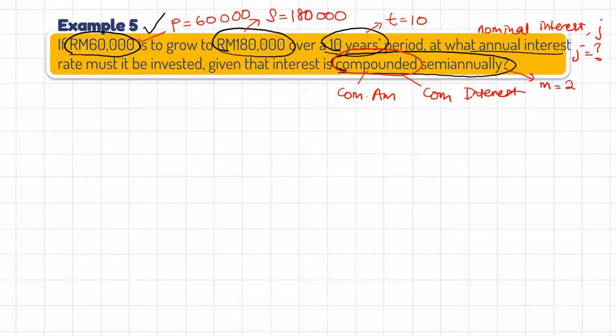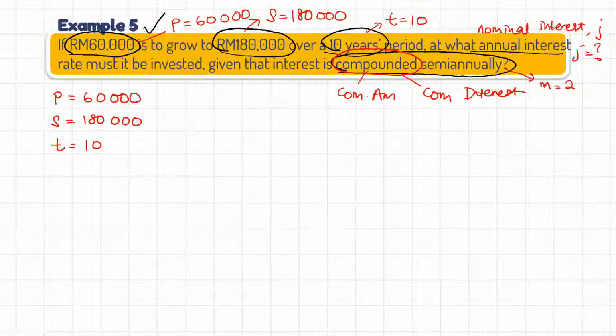So now let's rewrite the information that we have. Firstly, we have the value of P, which is 60,000. And then the value of S is 180,000. The value of T is 10. So J is the one that we need to find. M is equals to 2.